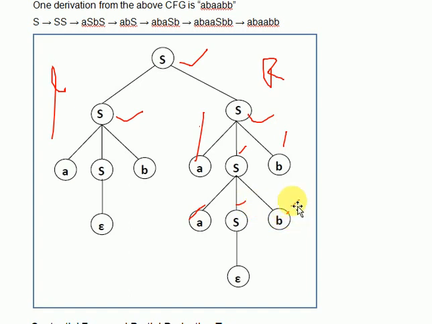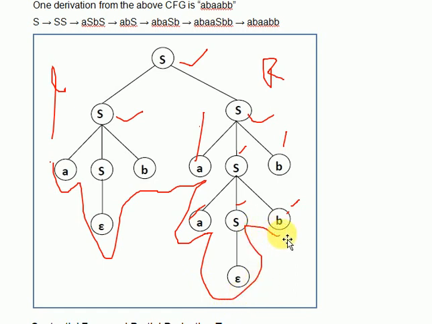So how will you derive the string? Now traversing the leaves. Where are the leaves? These are the leaves: A, epsilon, B, A, and go to A and epsilon and B, and again reaching B. These are the leaves. So we can see that A, epsilon, B gives us the required string. What was the required string? ABaaB.